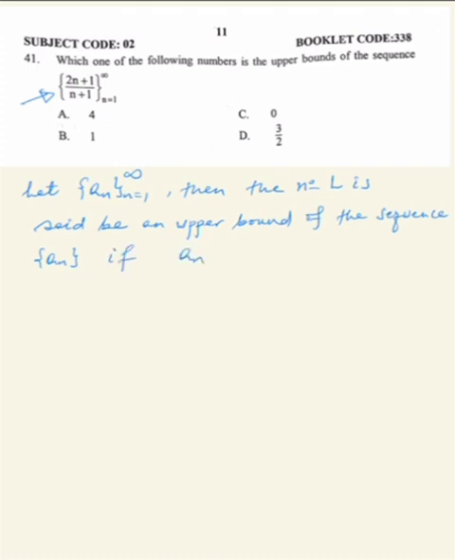If every terms of the sequence is less than or equals to L for all n. Okay? So, here no definition of an upper bound of a sequence. So, what the sequence will na?